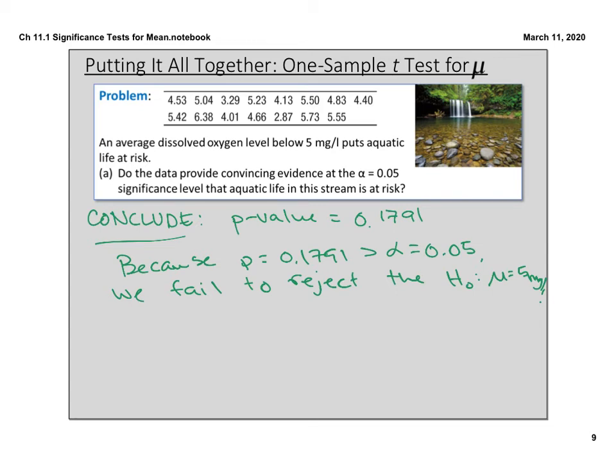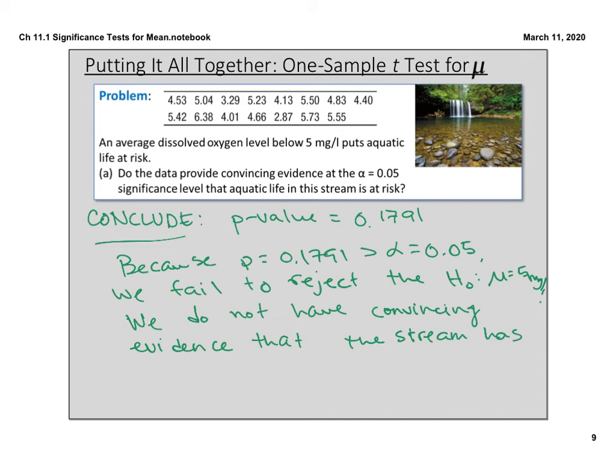Okay, so we do not have enough convincing evidence that the stream has a lower DO level than 5 milligrams per liter, and again, you can use the abbreviation because they defined it in the question. All right, state, plan, do, conclude.